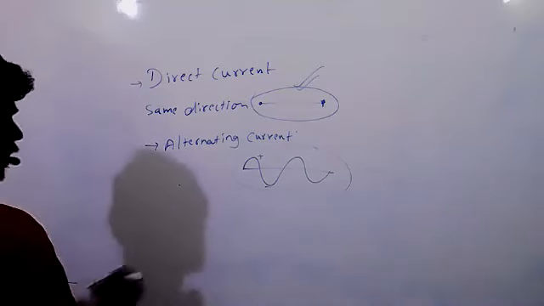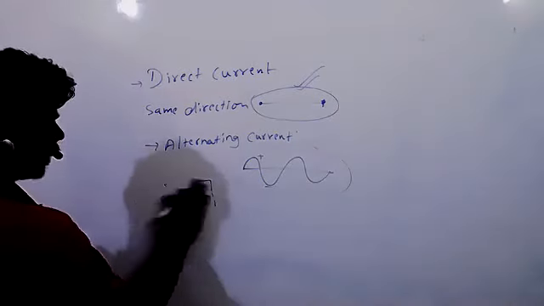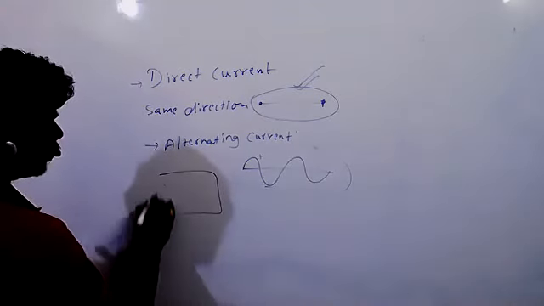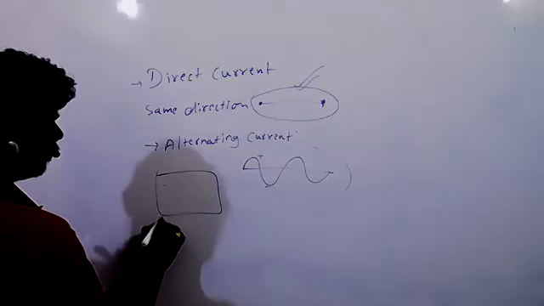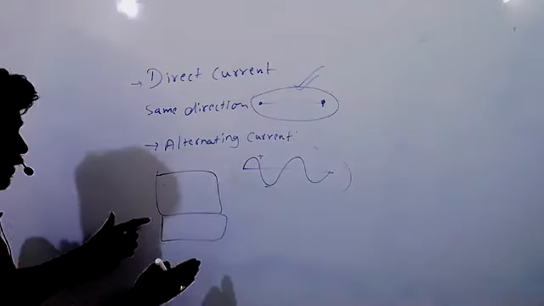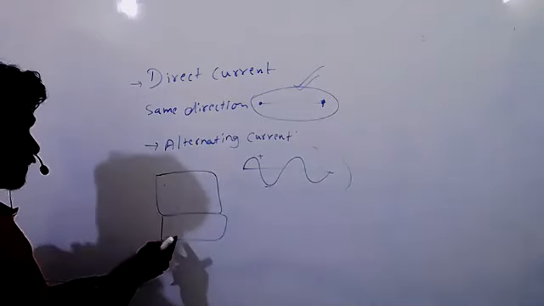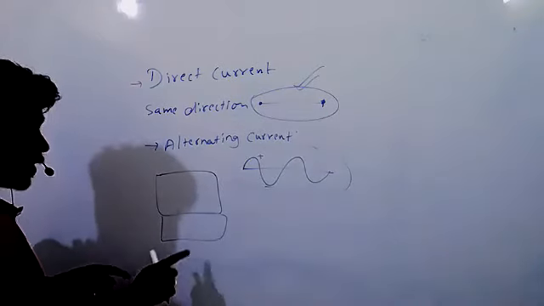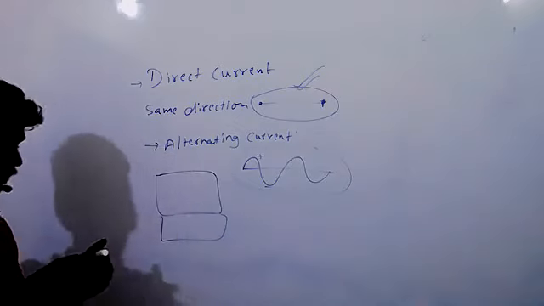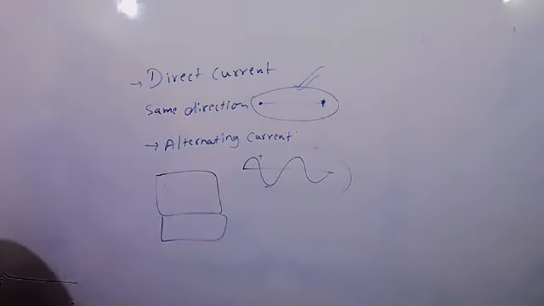Can Kirchhoff laws be applied to both direct and alternating currents? Suppose they have given two closed circuits, in the first direct current is going and in the second alternating current is going. Can you apply Kirchhoff laws for both?